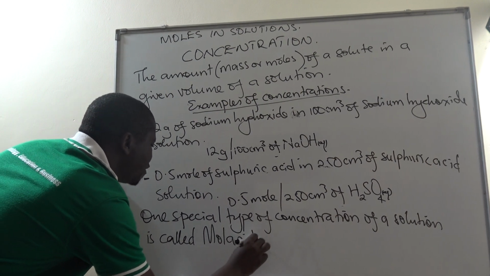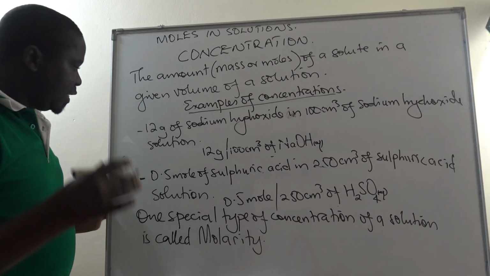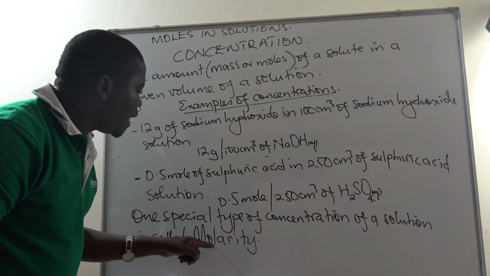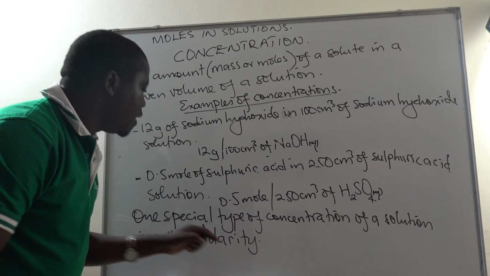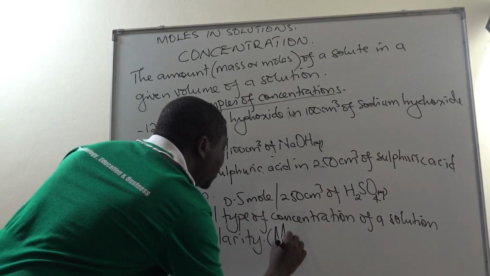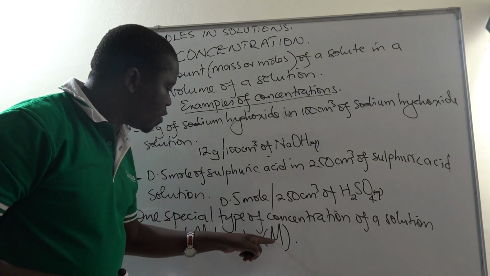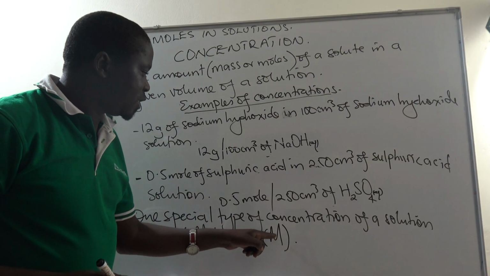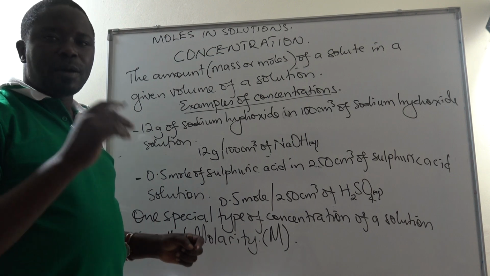Look at the spelling very well. I have not said morality, it is molarity. And this molarity is denoted by capital M. So that is what we call the molarity of a solution, and we are going to discuss it in our next session.